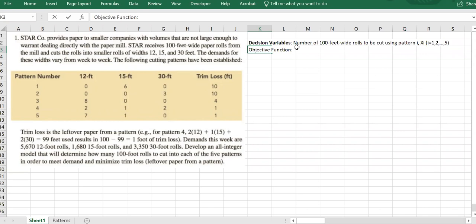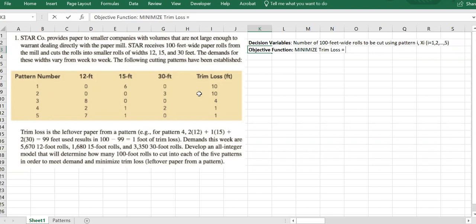This is actually given to us in this question. It says here we want to minimize the trim loss. And trim loss is going to be, so let's say we are cutting x1 units of large rolls using pattern 1.